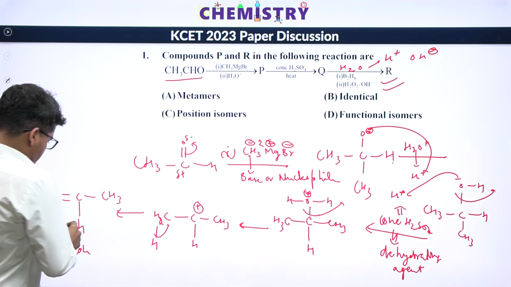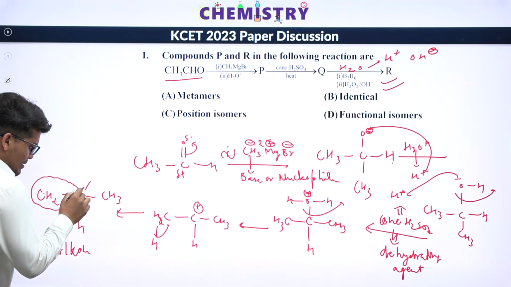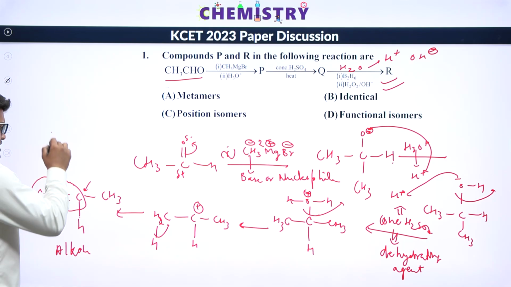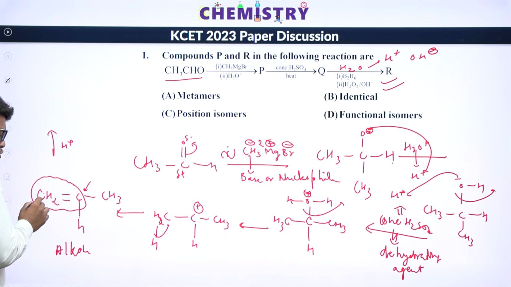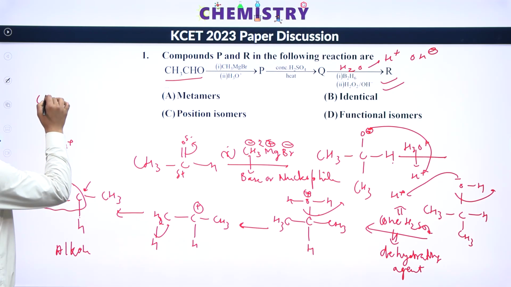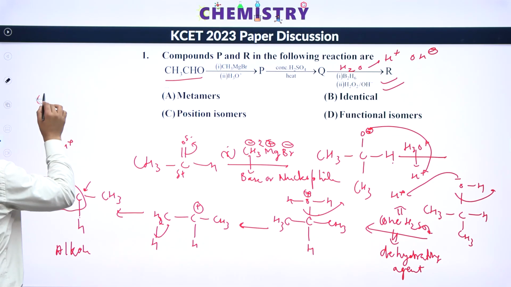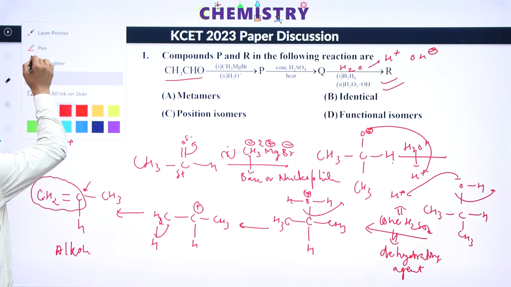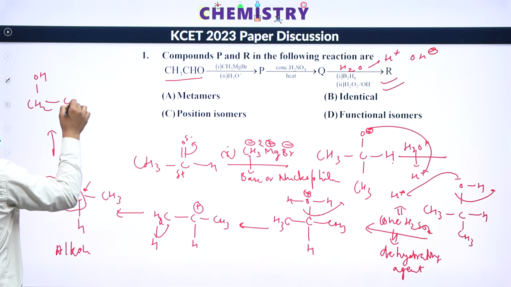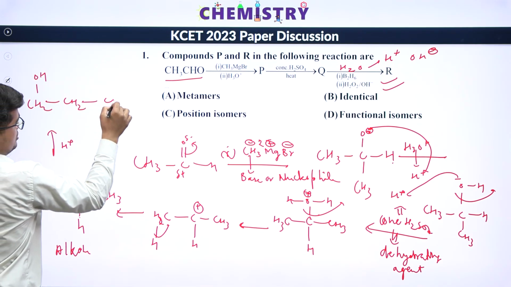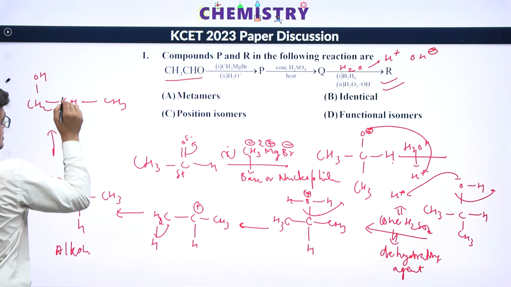This double-bonded carbon has less hydrogen, so from water the H plus will attach on this carbon and OH will attach on the other carbon. So there is a formation of CH2OH, CH, CH3 like this.